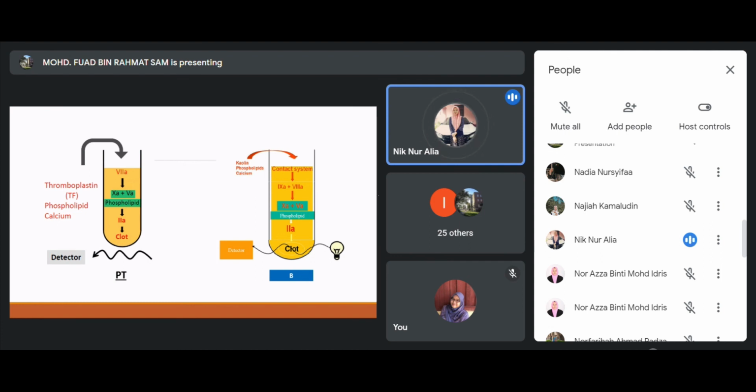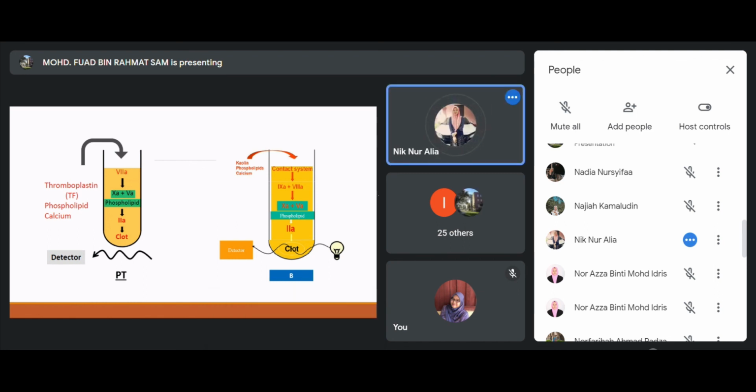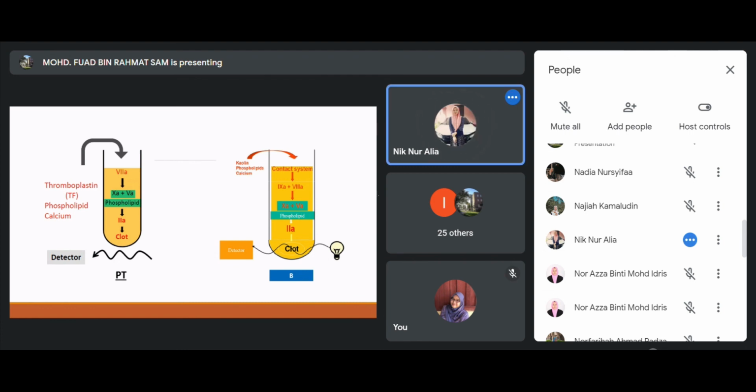Yang faktor dia, apa yang faktor dia? Faktor 7 dengan faktor 2.